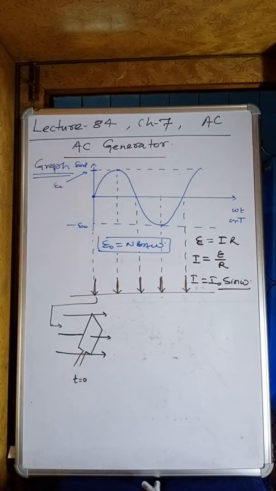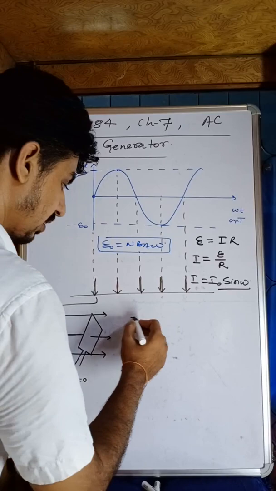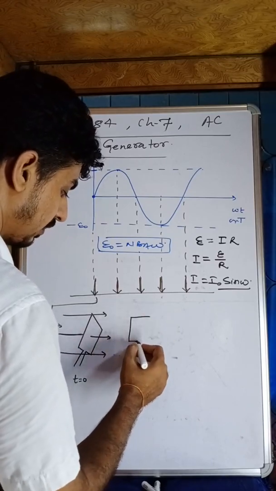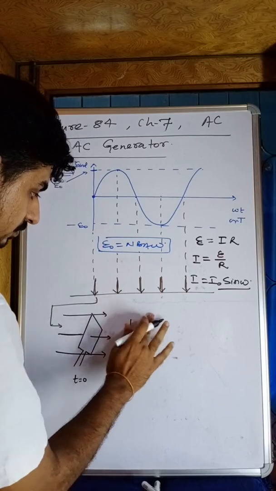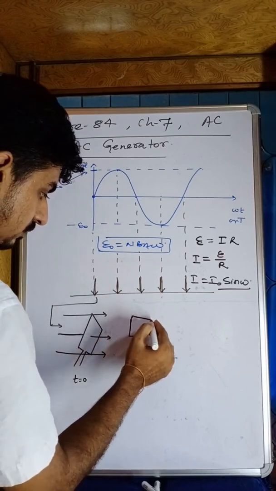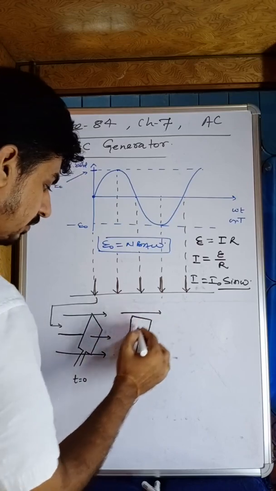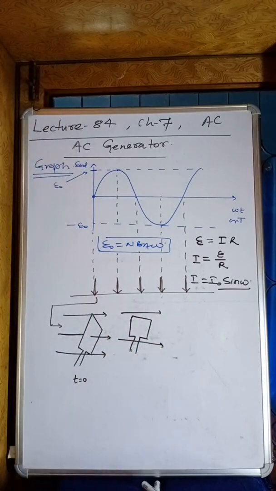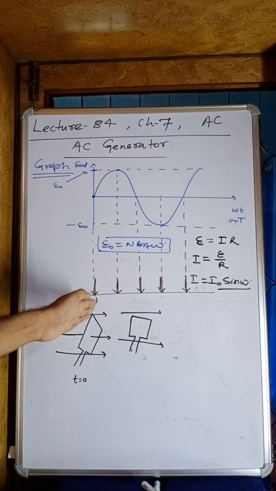This is the time t equals 0. Now for this case you can draw the coil like this. This is the magnetic field and the flux will be 0. It is rotated by 90 degrees from here to here.